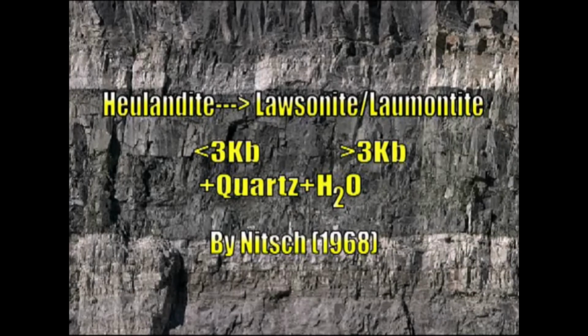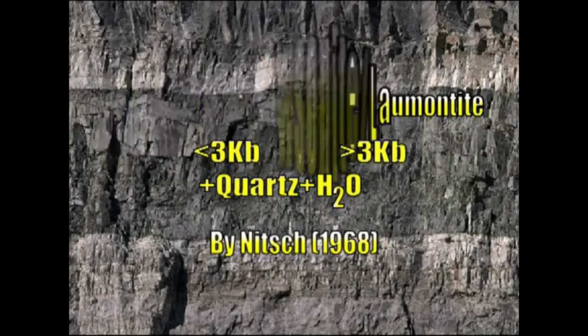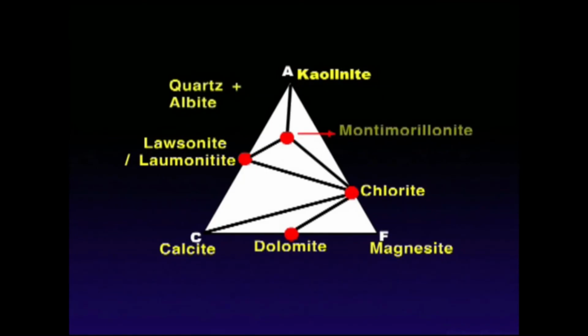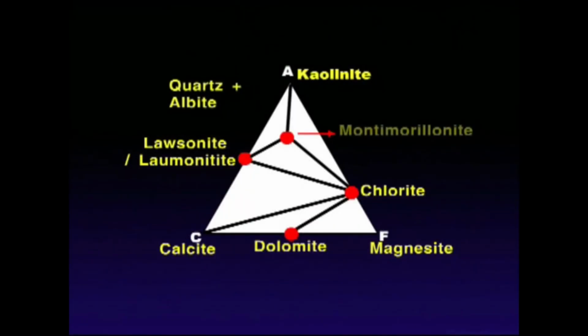Similarly, laumontite gives rise to lawsonite plus quartz plus water. When pressure is more than 3 kilobar, lawsonite is formed, and below 3 kilobar, laumontite is formed.